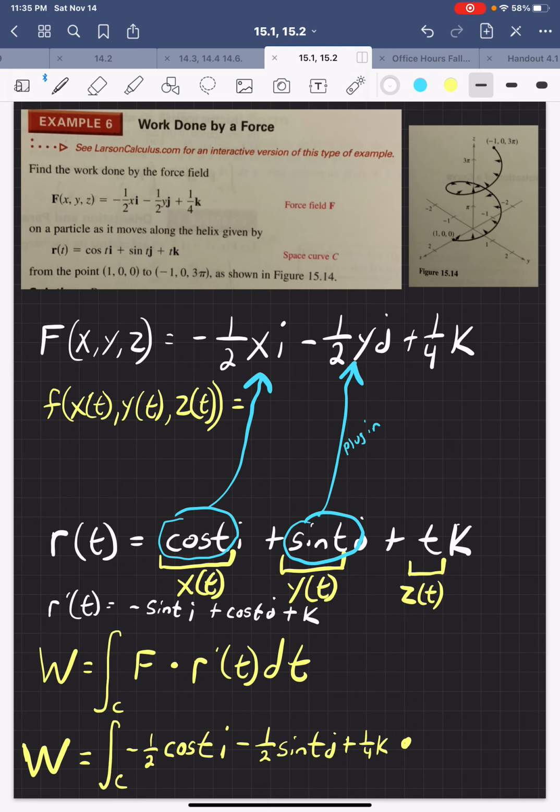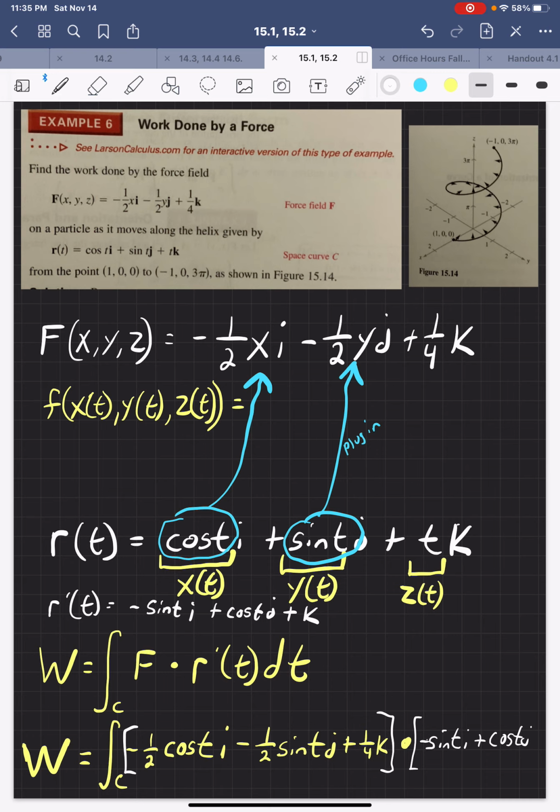So this is going to be going here. Negative sine of t, i, plus cosine of t, j, plus k.